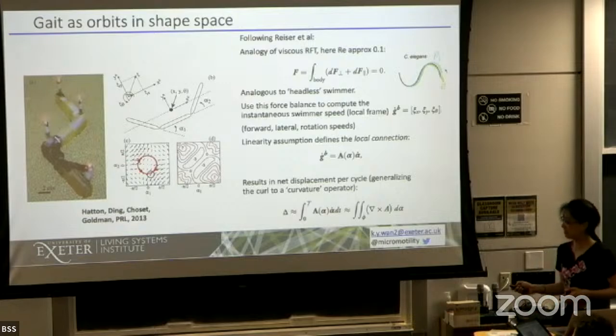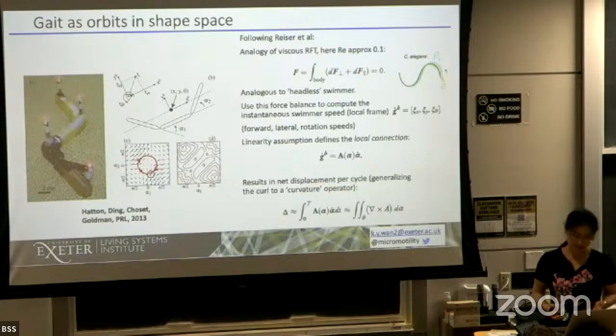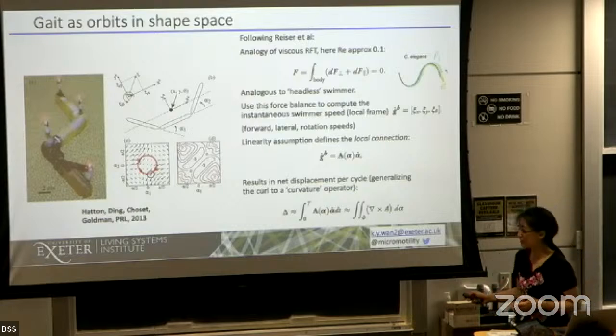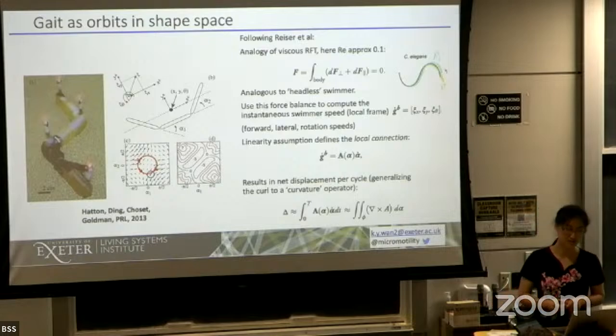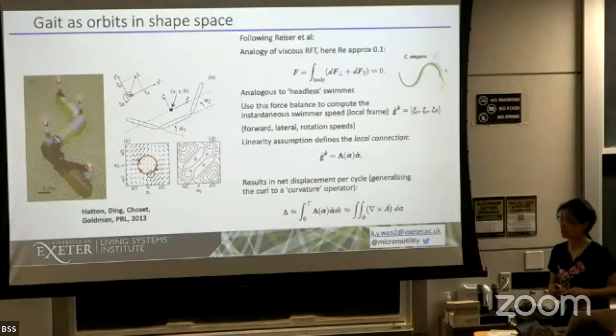But the point is that once you're armed with this very rigorous measure of how much you travel within any given cycle, which you can think of roughly as the enclosed area by this orbit, then you can start to set up optimality arguments.